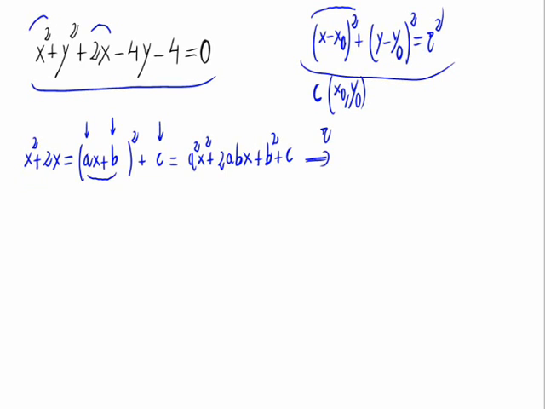So, separating, having a look at the coefficients, with x squared we have a squared equals 1, and with x this is 2 times a times b equals 2, and the independent term is b squared plus c equal 0.